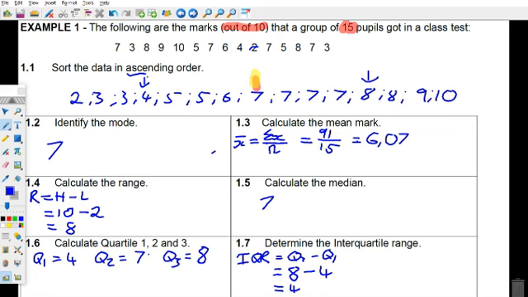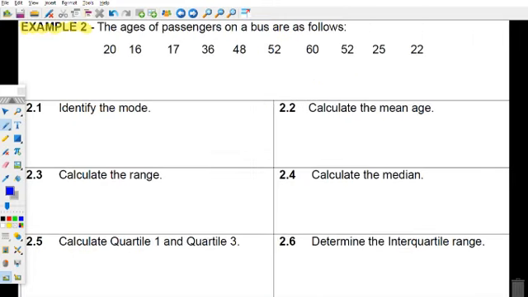Now, look at the next example. What do you have to do first? Ascending order. You have to put it in ascending order first. So let's put it in ascending order here quickly, and we can carry on. So it's going to be 16, and then 17, 20.